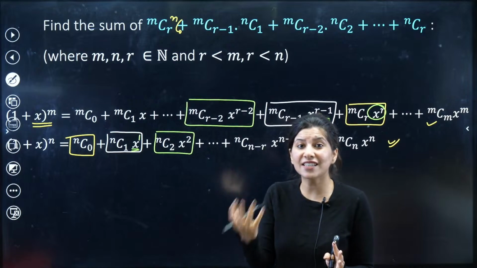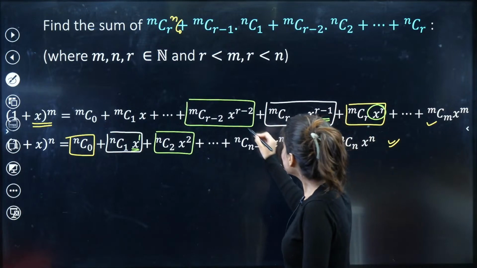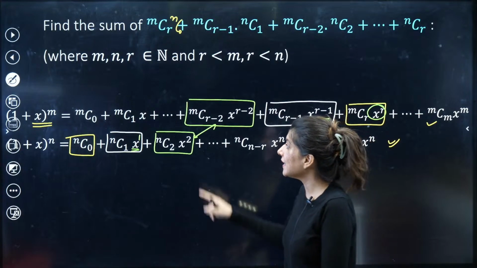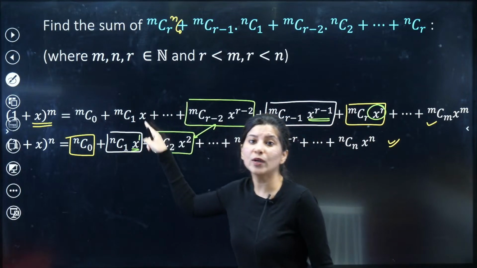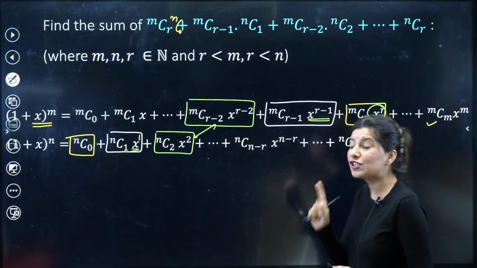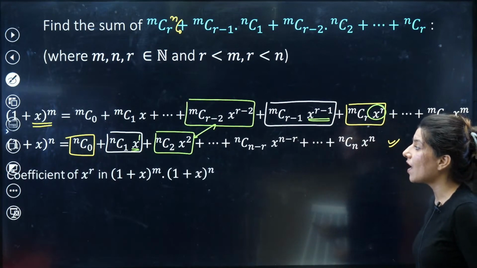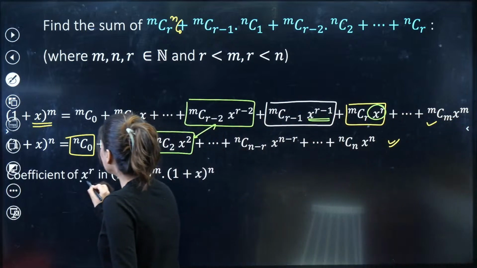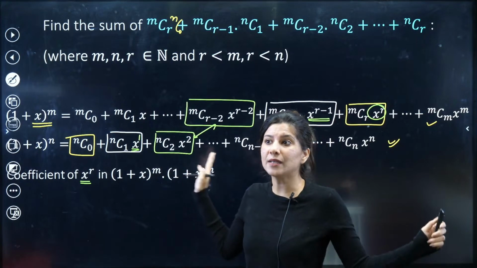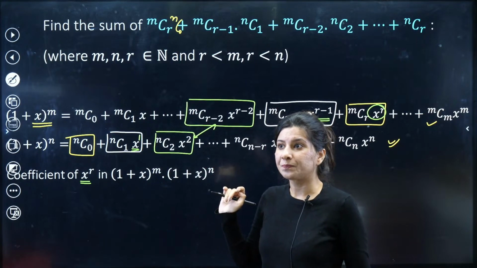So the final power of x is r. And the same if you multiply these two, you get x raised to the power r. So basically, you are multiplying these two expansions and always looking for the coefficient of x raised to the power r. So just multiply these two, but you are not multiplying, right?